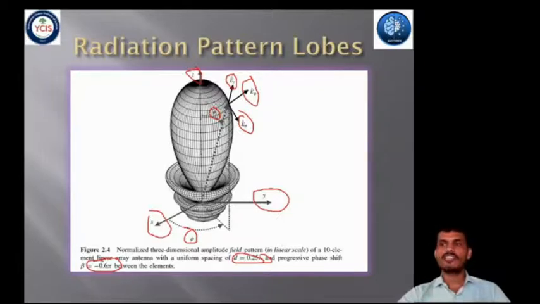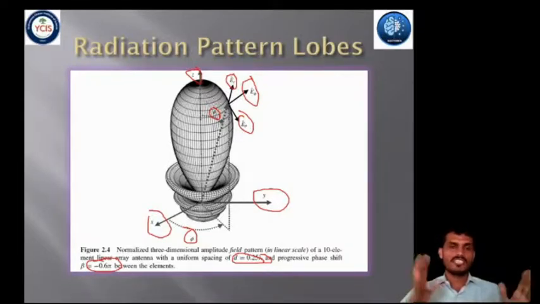In general, the magnitude of the total electric field would be capital E is equal to the square root of E_r square plus E theta square plus E phi square, and r is your radial distance. It is represented by using magnitude, that is |E|. So this is all about radiation pattern lobes.